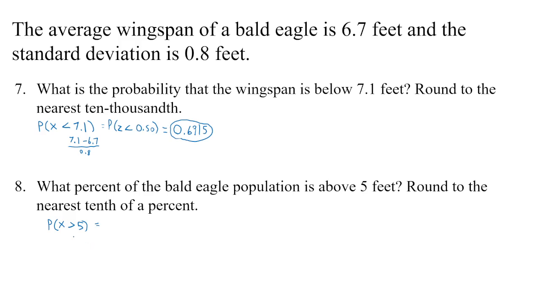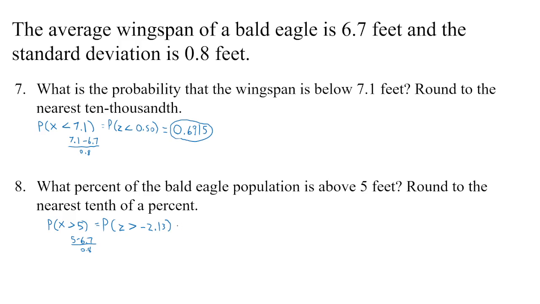We're going to convert this into a z-score by subtracting the mean from it and then dividing by 0.8. So 5 minus 6.7 divided by 0.8, and you would get negative 2.13. Remember, always round your z-score to the nearest hundredth, because that's what the z-table gives you.